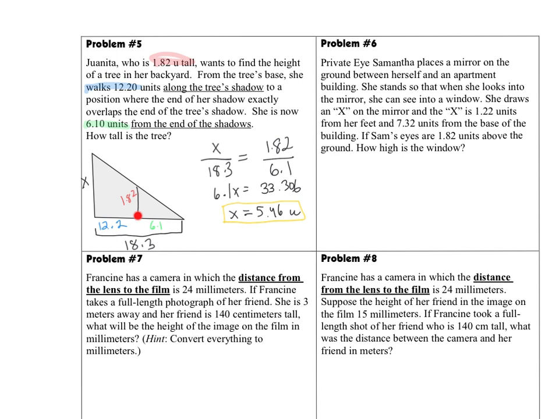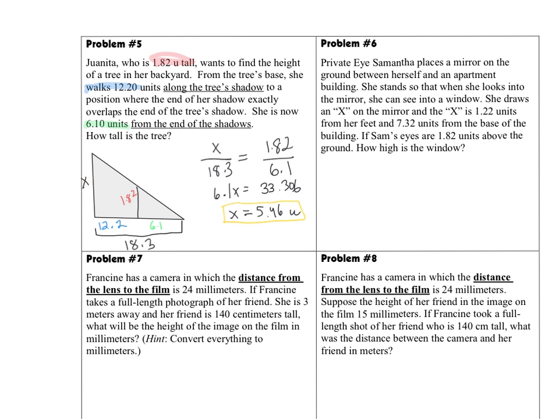And she is now 6.1 units from the end of the shadows. So here's the end of the shadows. Here's where she is standing right here. Here is her height. And so now what she wants to know is how tall is the tree.